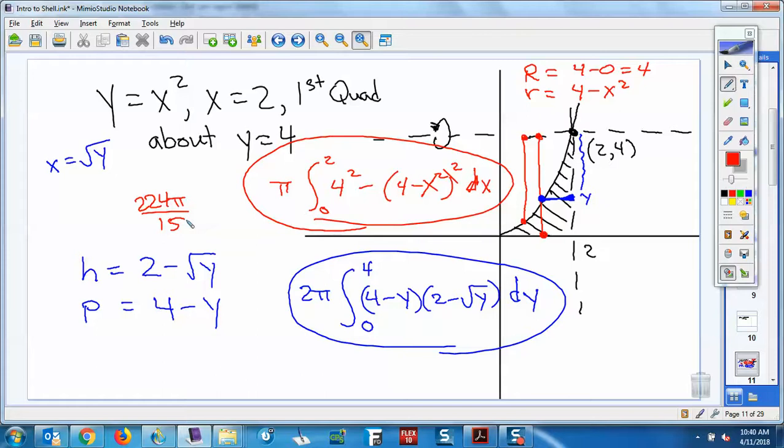They all say use the shell method, 4, 9, 12, 17. Now, 21 has 4 parts, and it says use the disk or the shell method to find the volume. So you have your option, whichever you think is easier. But on the first 4, you are supposed to use the shell method.